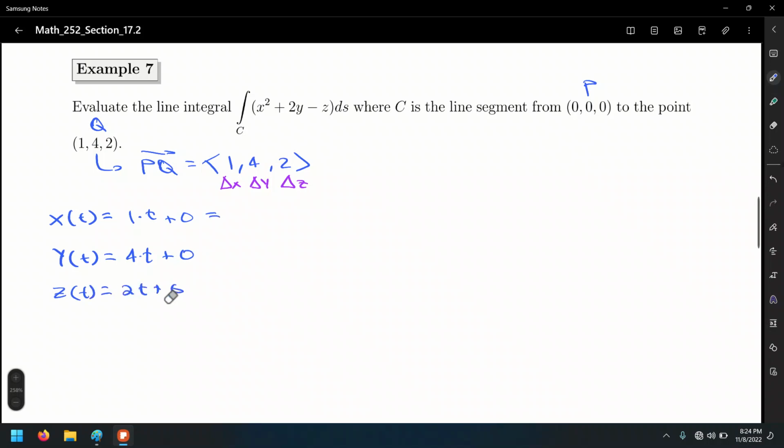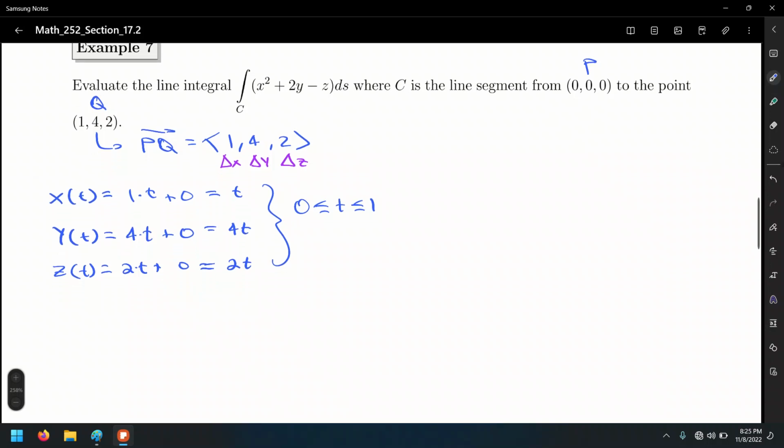That results in t, 4t, and 2t. So that's going to be our vector valued function, and of course this is going to go from 0 to 1. Again, every time we use the initial and the final point, that means we're defining the set of parametric equations to go from 0 to 1.